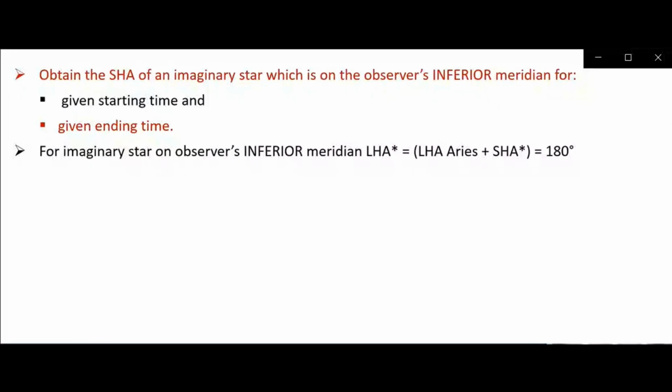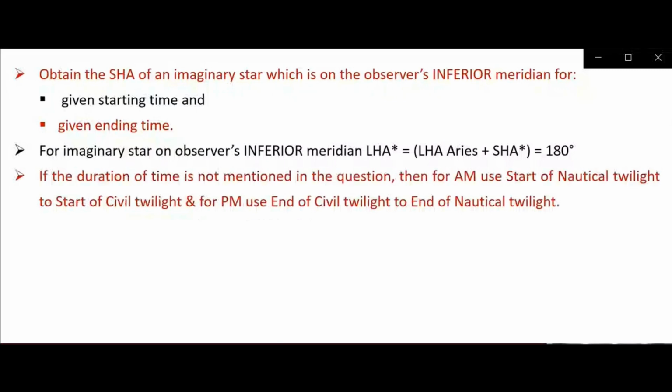So the difference lies here. In the earlier case, to find the SHA of the imaginary star, we were equating LHA to 360 degrees. In this case, the LHA of the imaginary star shall be equated to 180 degrees.